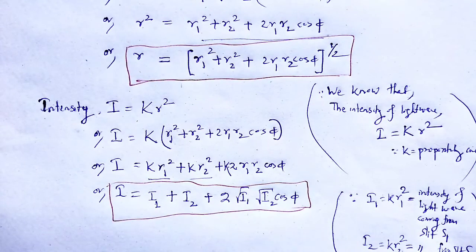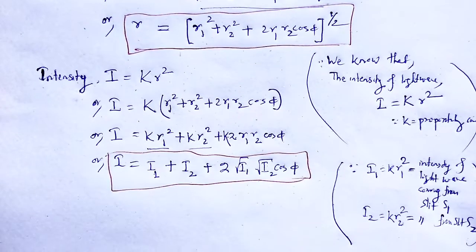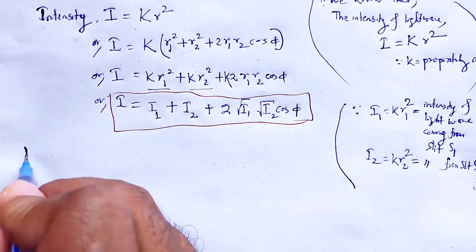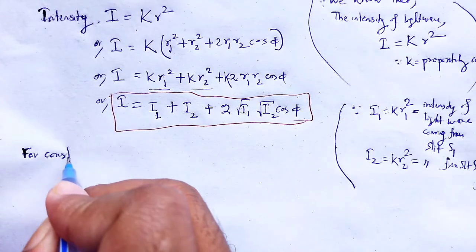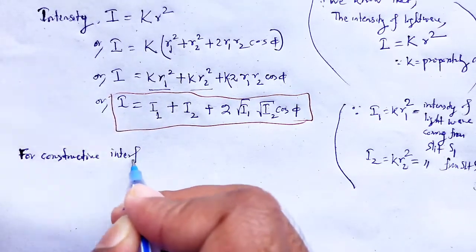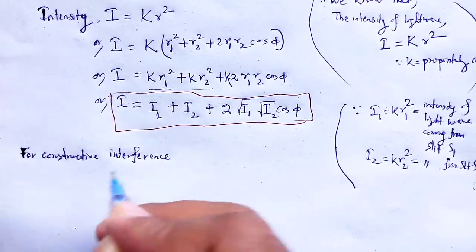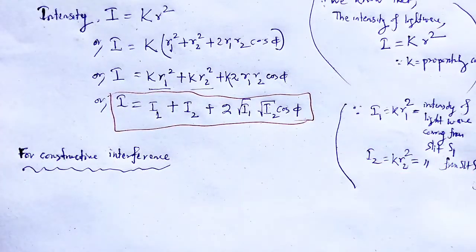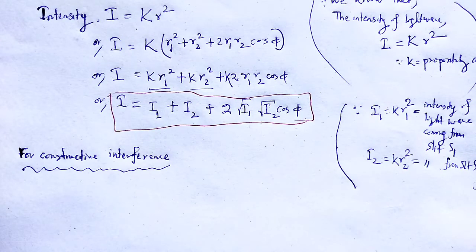For constructive interference, what we observe is that when cos phi is maximum, we get the maximum intensity.